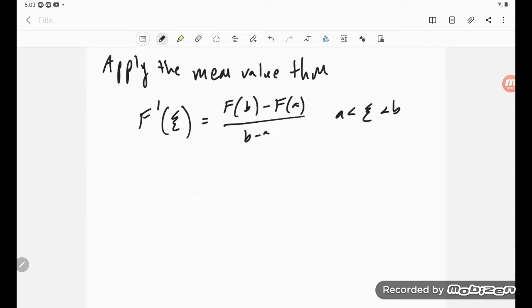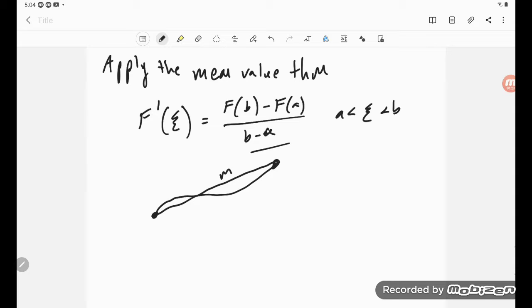Now, all that's saying is I have some function that does something like this. Okay, draw the straight line there. The right-hand side up here is the slope, m.